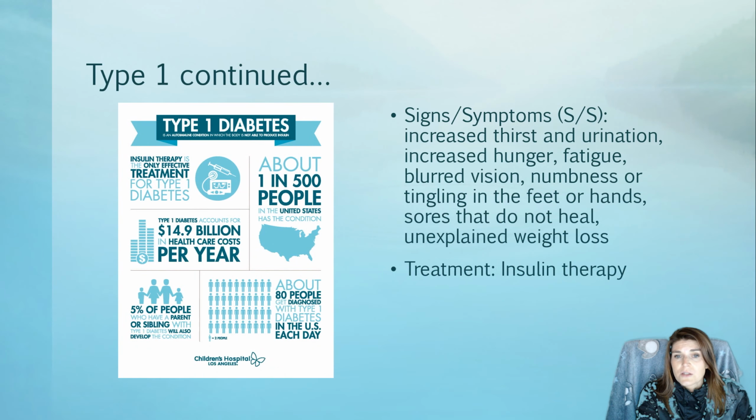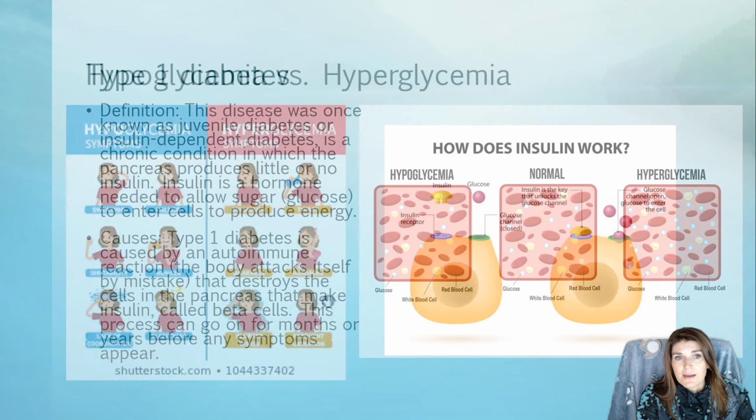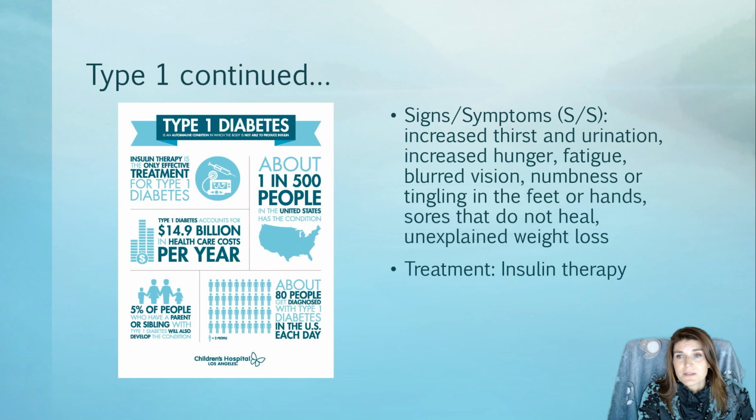Okay, so type 1, if you noticed on your sheet, I've asked you to go, okay, here's the chart. Here's type 1 diabetes. I need you to know what the definition is, cause, and then we've got, on the next one, signs, symptoms, and I'm going to abbreviate that from now on with S/S, and treatment.